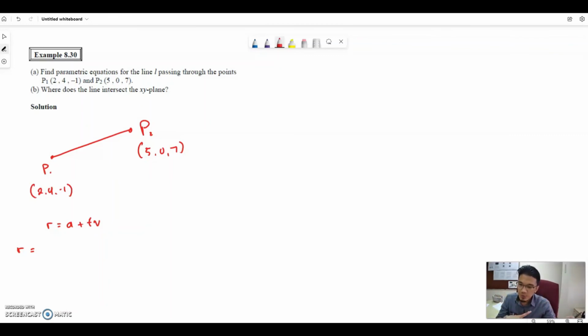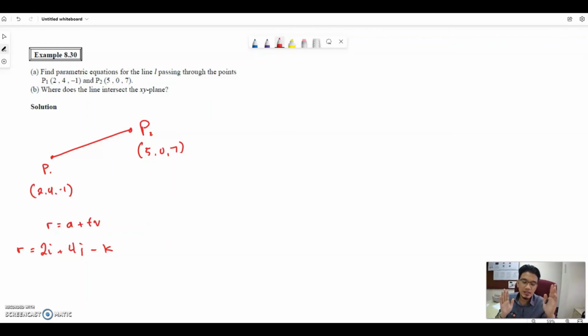It's up to you whether you want to assign P1 or P2 as your fixed point. For this one, we just use P1 as my fixed point. So my vector a will be 2i plus 4j minus k, because I use P1 as my fixed point.